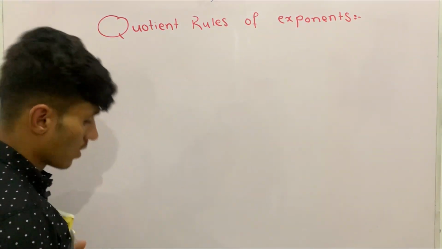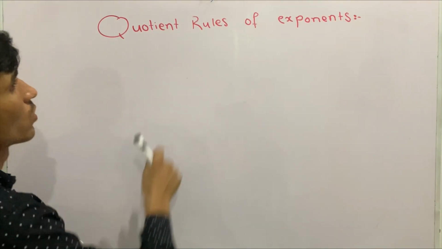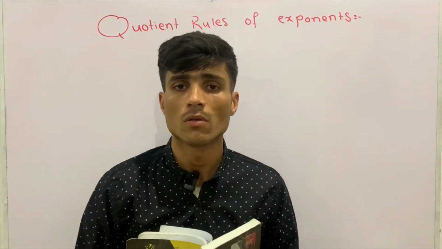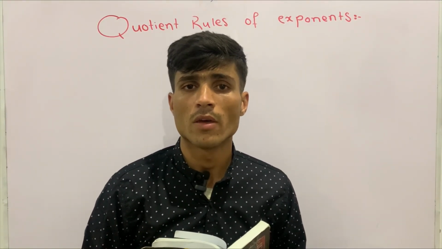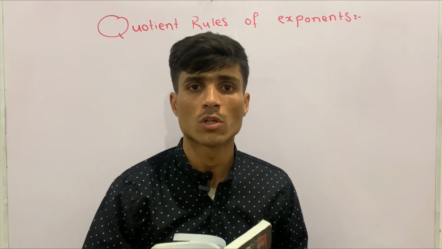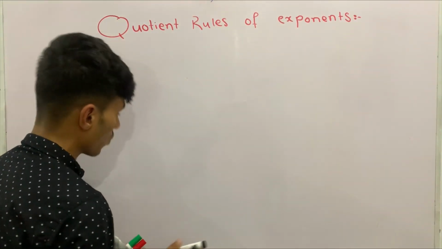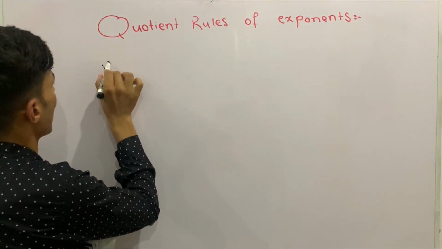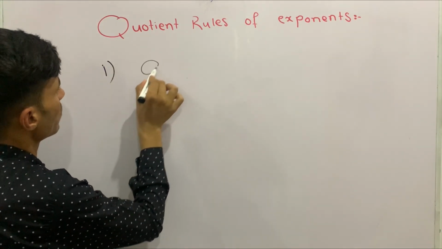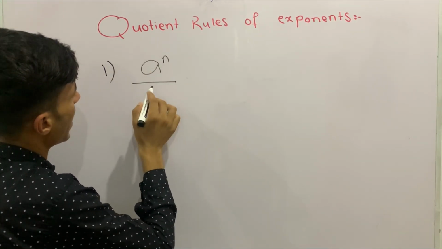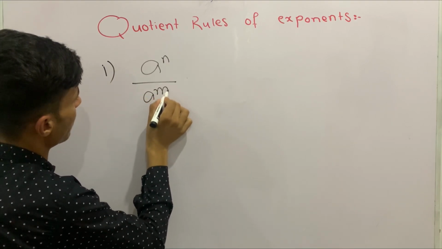So when it comes to the quotient rules of exponents, you should think of three important laws that you should be aware of if you want to work with, right? The first one, its general form is a to the n divided by a to the m, right?